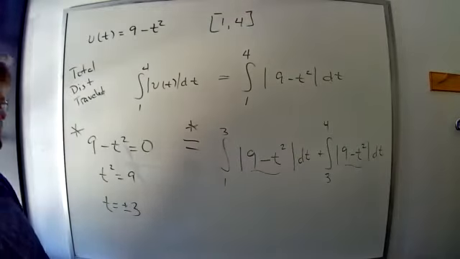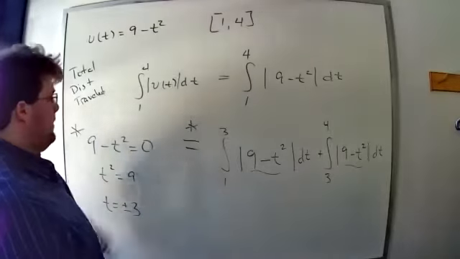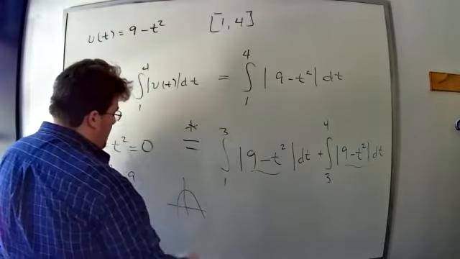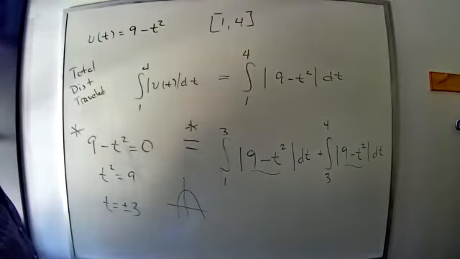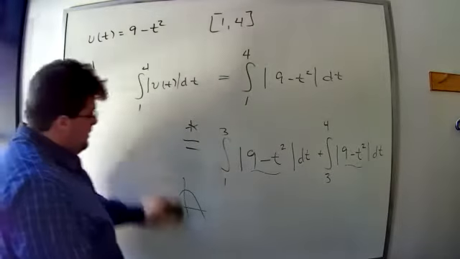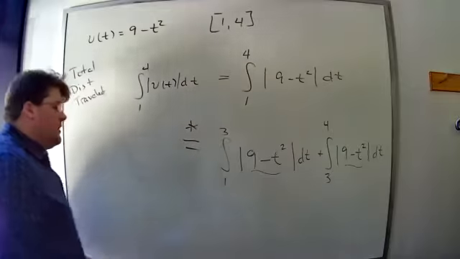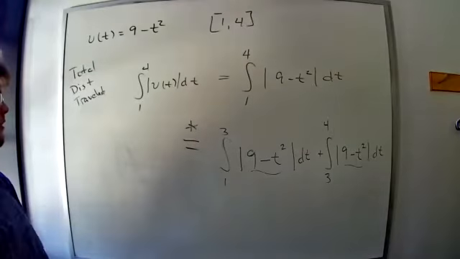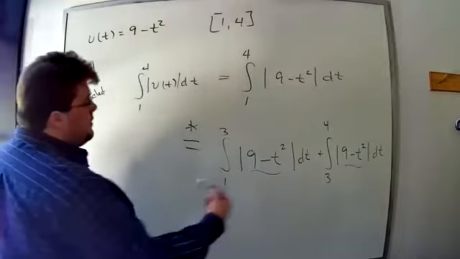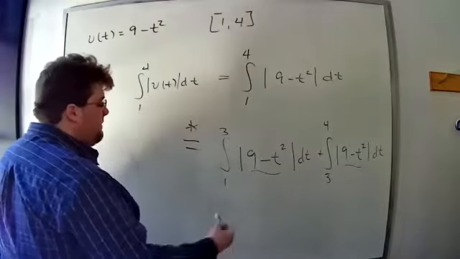Or we could use a graph. I'll do it algebraically. This function you can graph. You get the upside down parabola going through 0, 9 up there. But I'll do it algebraically because in general, you may have one that you can't graph. Although that's unlikely.